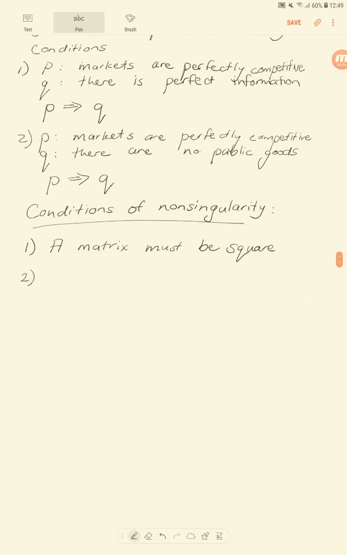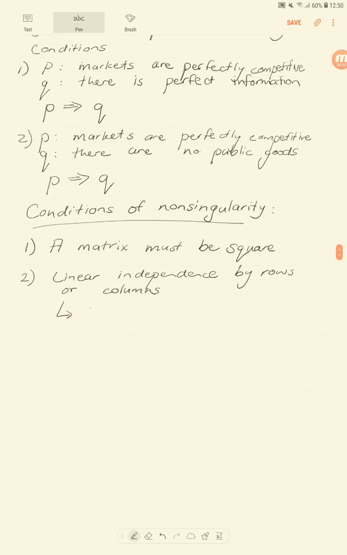And secondly, we need linear independence by rows or columns. If there is linear independence by rows, there will also be linear independence by columns, and vice versa.